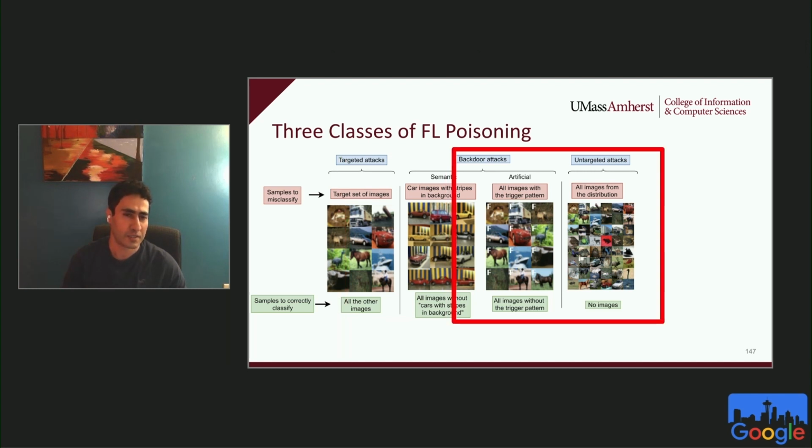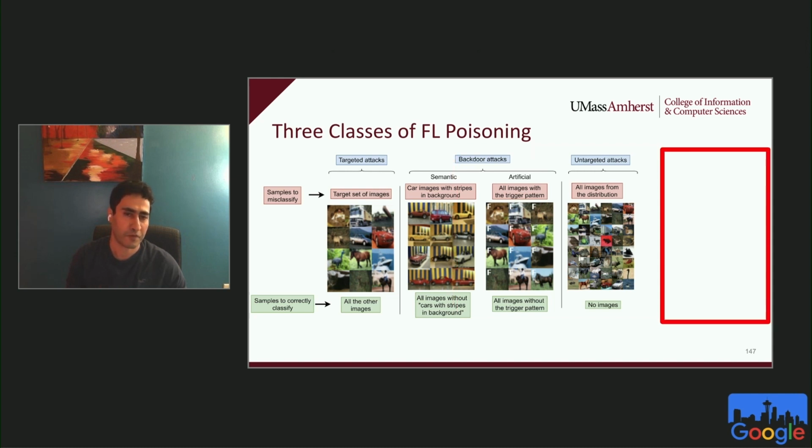The second category are backdoor attacks, in which case the goal of the adversary is to impact the accuracy and the confidence of the model on select input classes which contain some trigger, either semantic or artificial. And finally, the third class are untargeted attacks, in which the goal of the adversary is to impact the accuracy of the global model on arbitrary input samples.